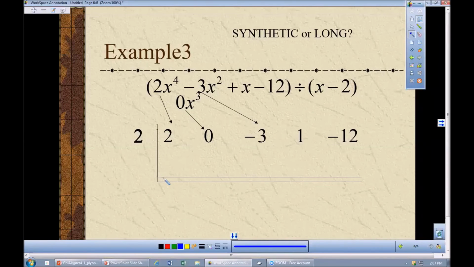Let's see how this will come out here. We're going to drop the 2. 2 plus 0 is 2. 2 times 2 is 4.